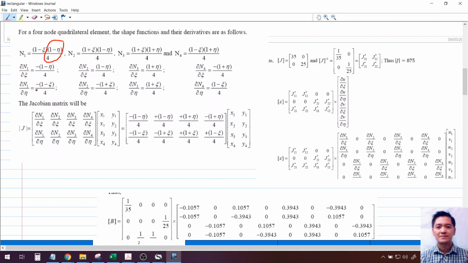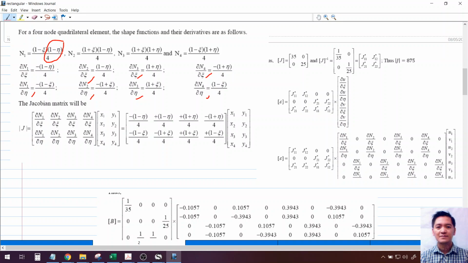So ganoon din dito. So once you have this, yung mga yan, the Jacobian matrix will be this. Okay, ito. Okay, as what we discussed earlier. So plug in lang natin, no? Tn1, plug in natin itong mga to, yung mga nakuha natin yan dito as our Jacobian matrix.